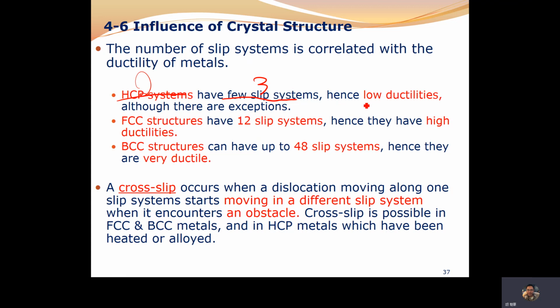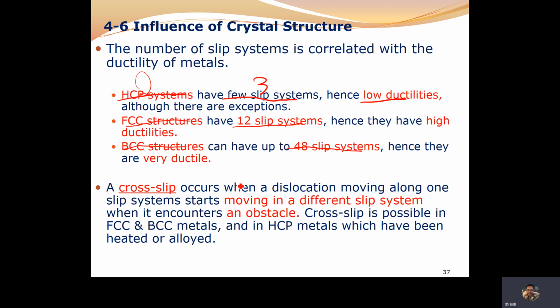Therefore, its ductility is pretty low. And the FCC structure has 12 slip systems, hence they have high ductility. And for the BCC structure, they can have up to 48 slip systems. It's very ductile.